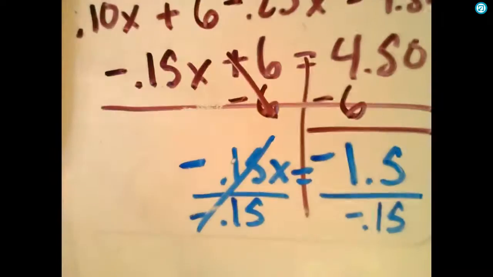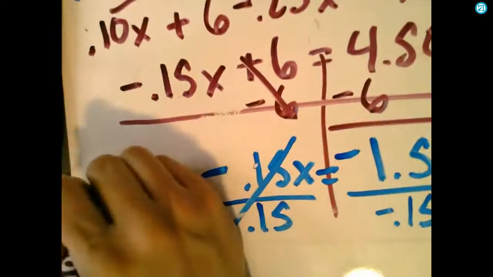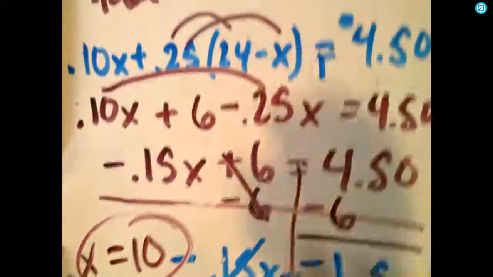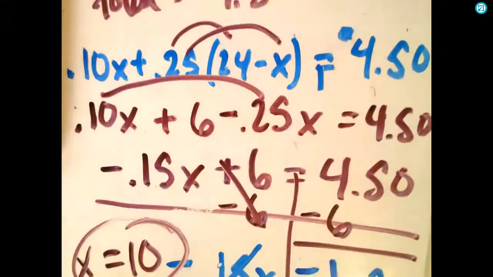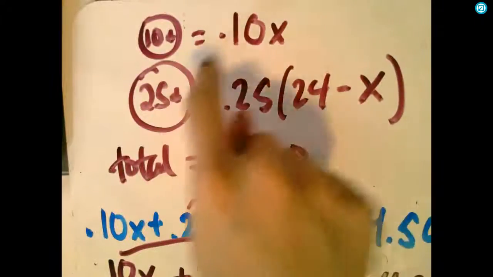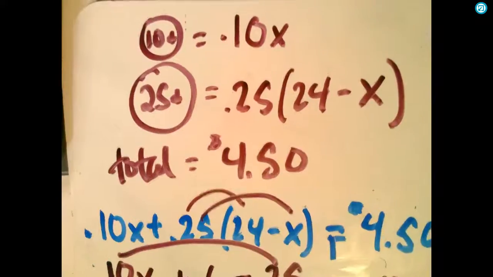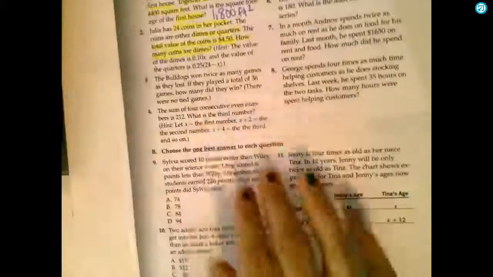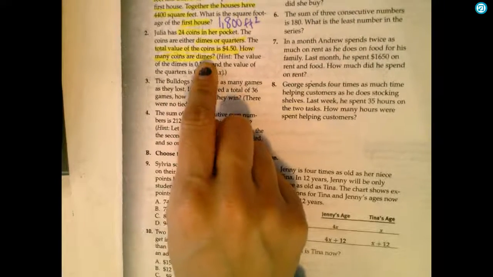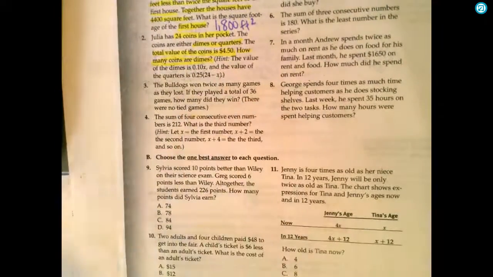After all that, we finally figured out x equals 10, which means there's going to be 10 dimes. So x is 10. Up here, the dimes was going to be 10 cents times x. What's the question? They wanted to know how many coins are dimes. So we figured it out. x equals 10.